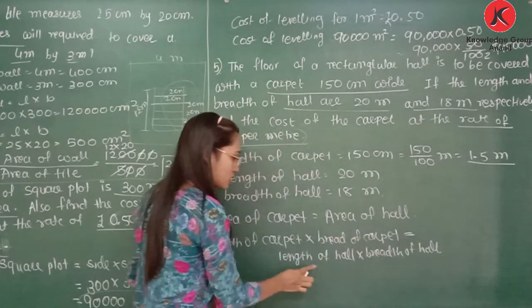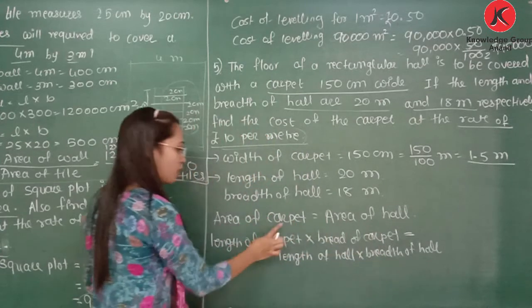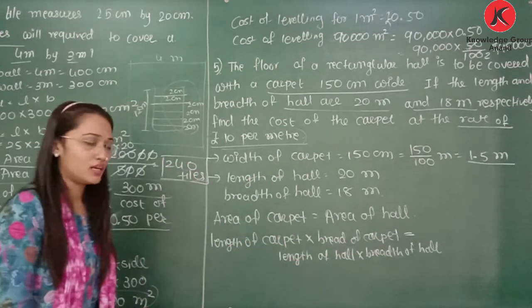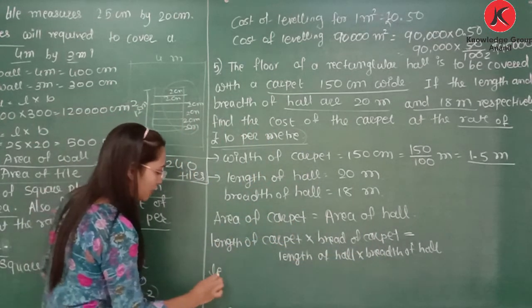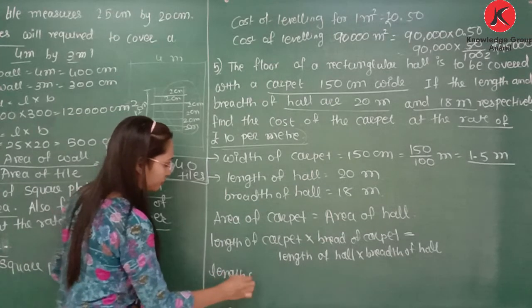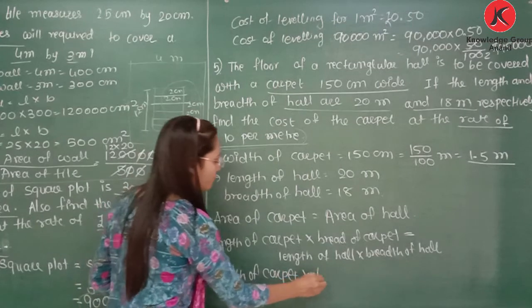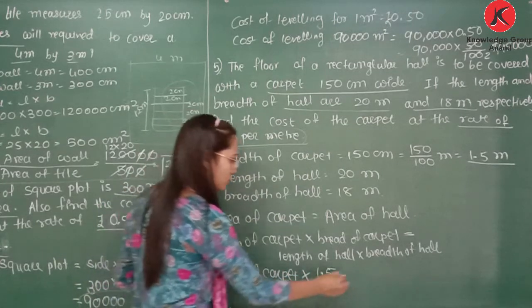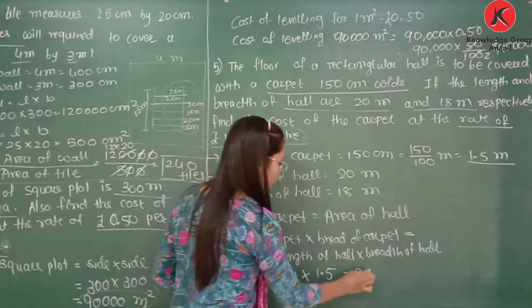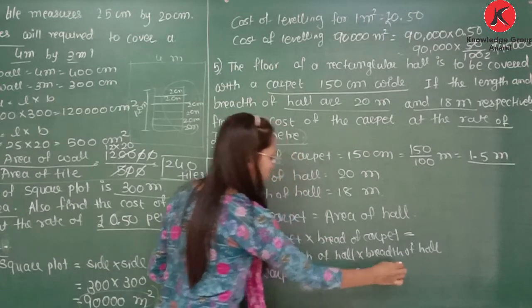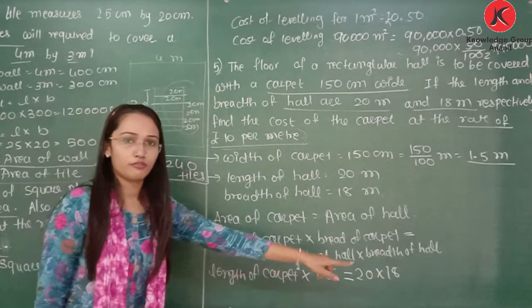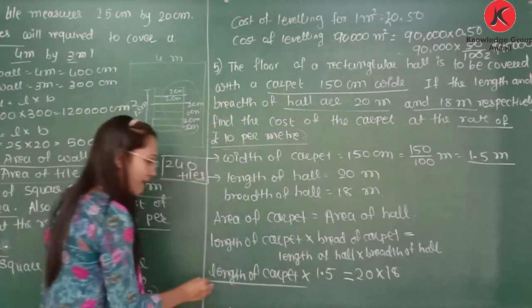Area of hall is length and breadth, area of carpet is length and breadth. Now write the values. Length is not given. Breadth is given 1.5 meter. Length of hall is 20, breadth of hall is 18. Now take 1.5 and divide to find length of carpet.